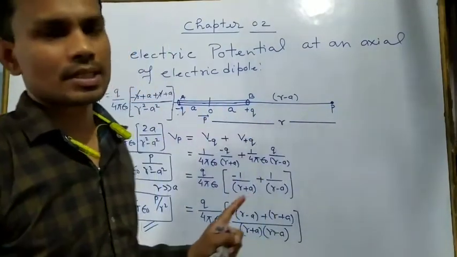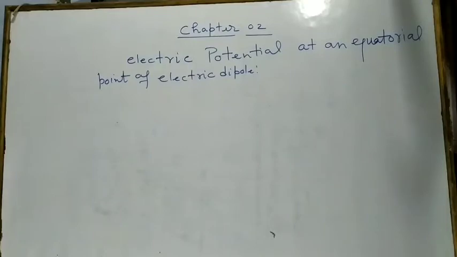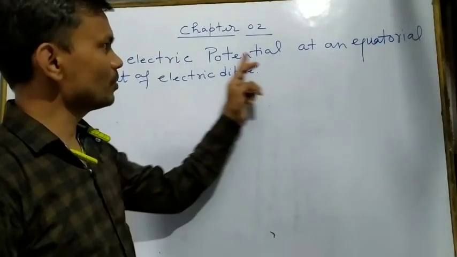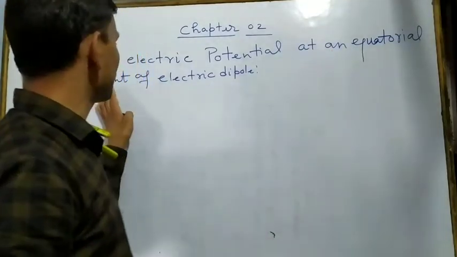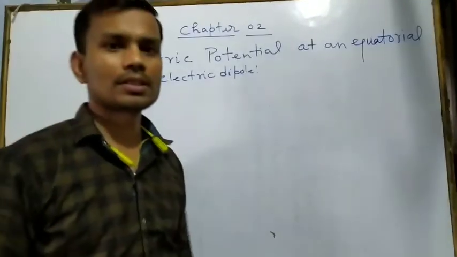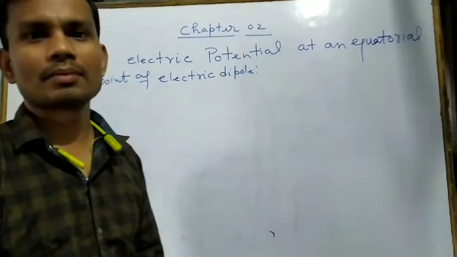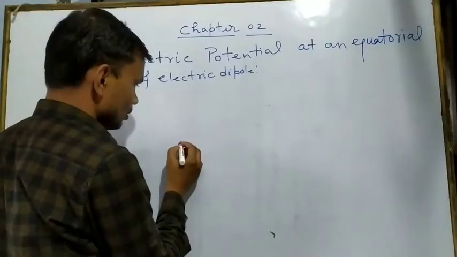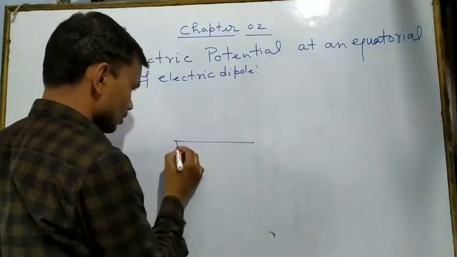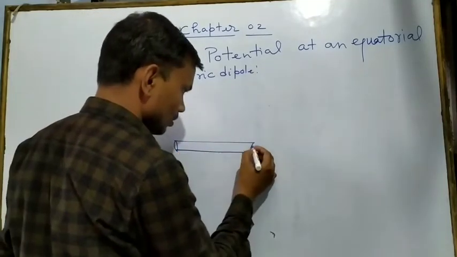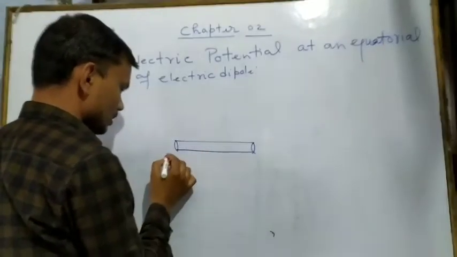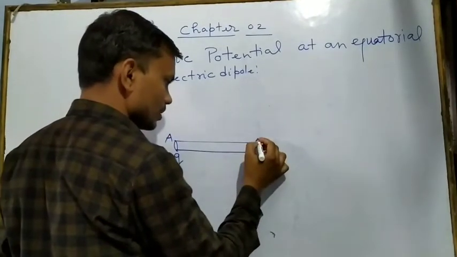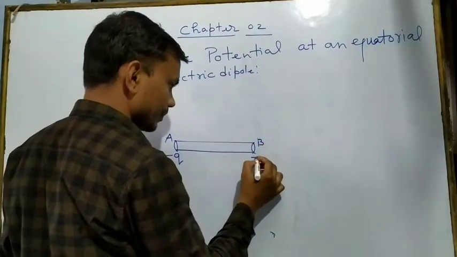and opposite charges, right? Now here you have to see the next one, electric potential at an equatorial point of electric dipole. And you know what is the meaning of the equatorial point? Suppose this is one electric dipole. Here suppose this is the minus q charge at point A, and here this is the plus q charge at point B, right?